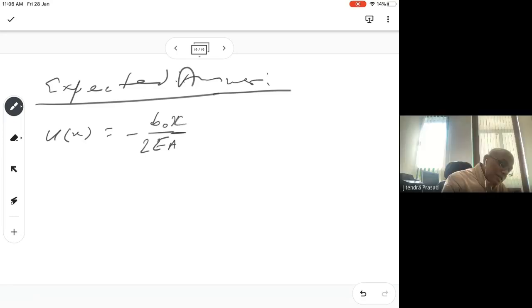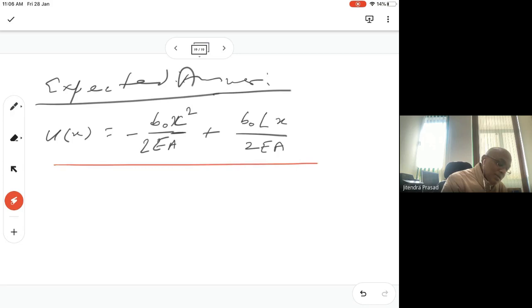You should get something like this, right? Plus, oh sorry, it should be B naught L x over 2EA and like this. Yeah, so I think it should be this equation.